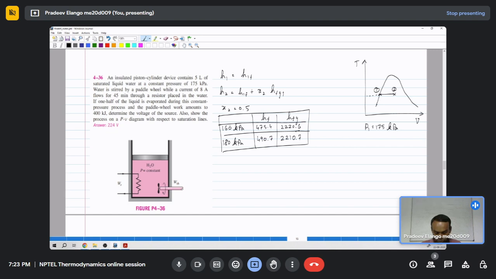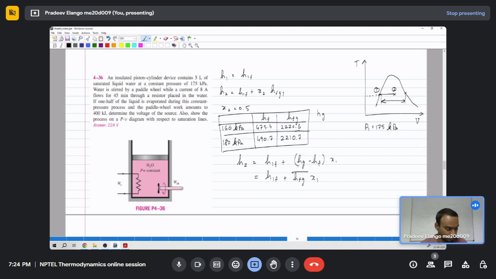We also had an Hg value, which is the enthalpy at the saturated vapor state, and Hfg is the difference between these two. So for the vapor you can find it either as H1F plus Hg minus Hf into X1, or you can calculate H1F plus Hfg into X1.